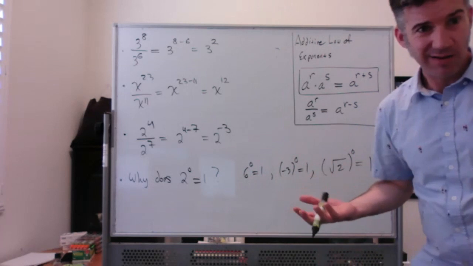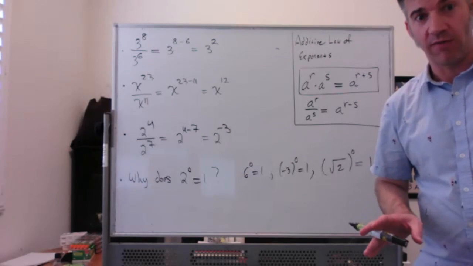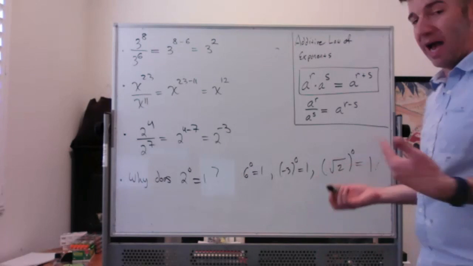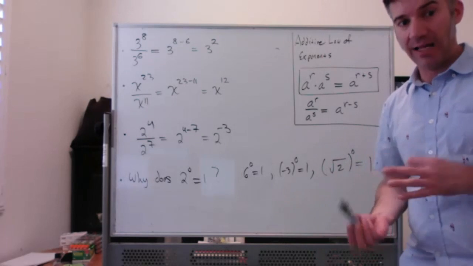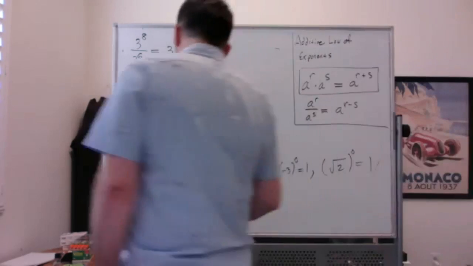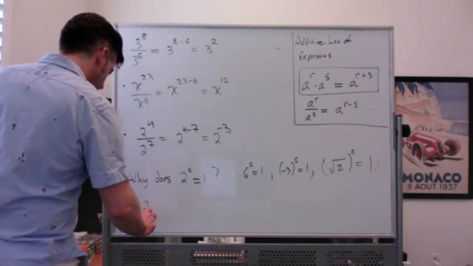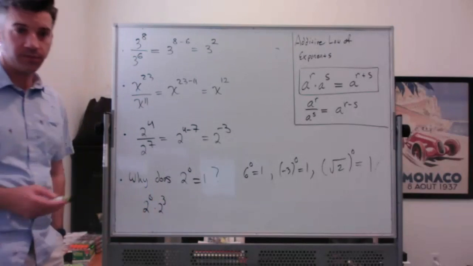But why? Well, there's a couple of ways of justifying it to yourself. The way I usually think about it is kind of because it has to. Because the additive law of exponents has to work the way we know it does. So check this out. 2 to the 0 times 2 to the 3rd.